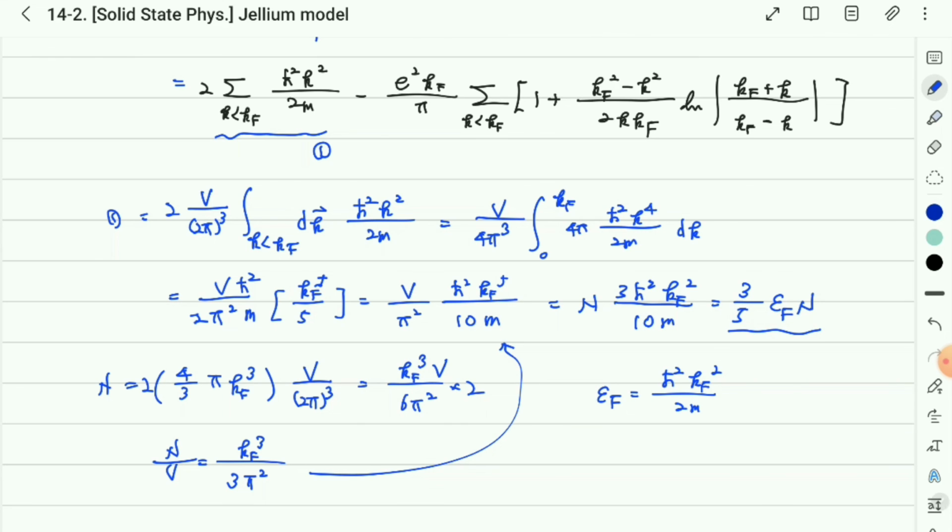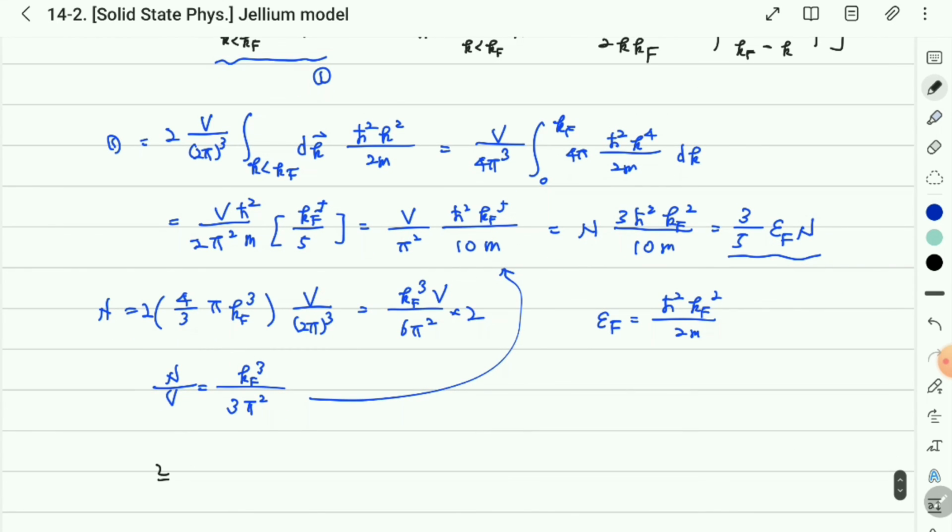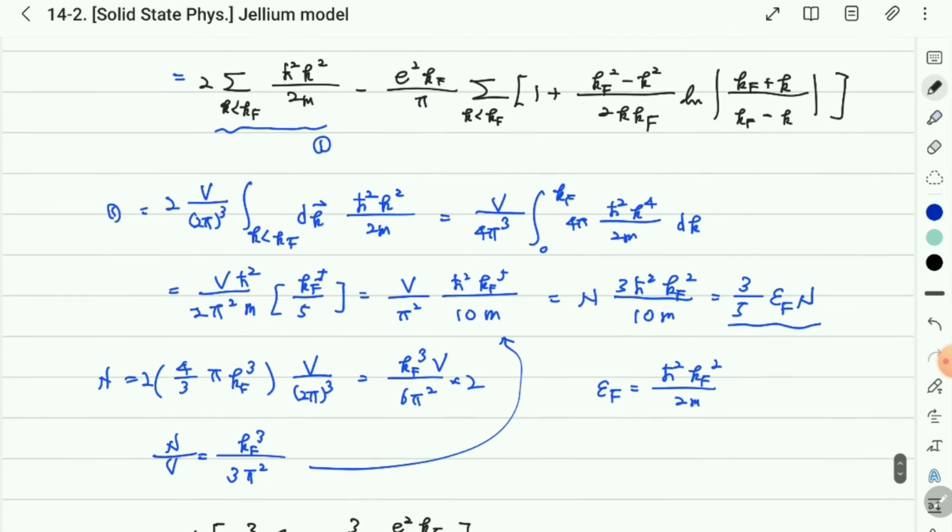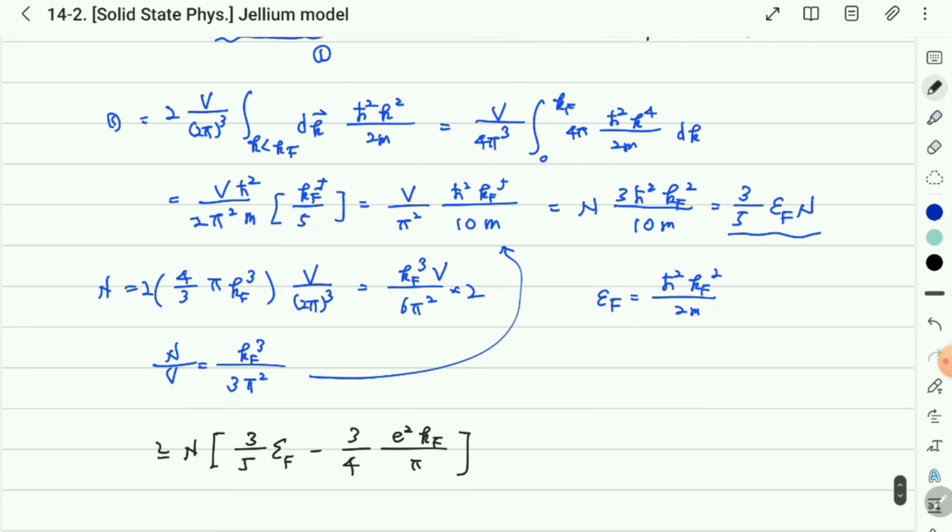And also I do not calculate the second term in more detail, and here let's denote the result. The result is that per electron, the first term is 3/5 Fermi energy minus 3/4 e square kf over pi, and I do not exactly calculate the second term. Anyway, when you calculate this one, it is the total energy of the n-electron system.